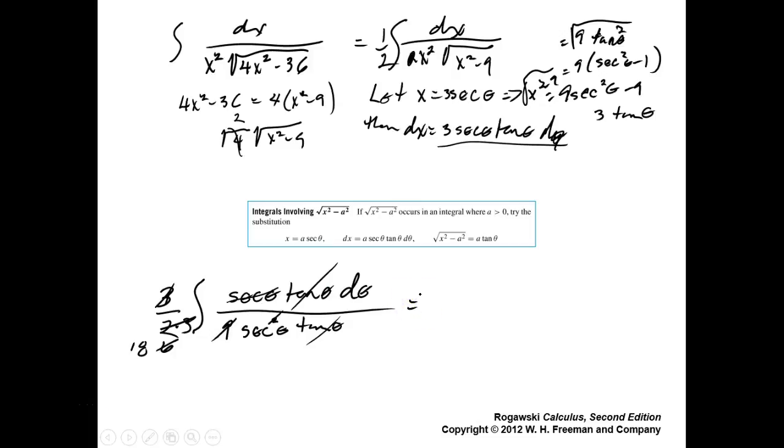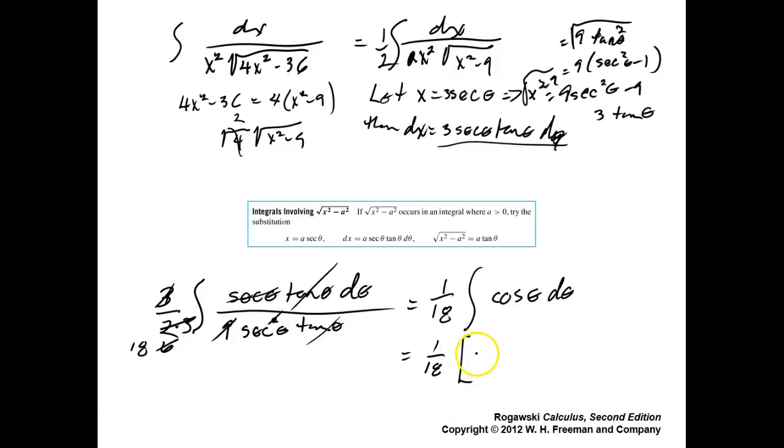So let's write, if I've kept up with everything, that's a 1/18, right? Times the integral of 1/secant theta. What in the world is 1/secant theta? That's cosine theta, cosine theta d theta. I think I can do that. What's the integral of cosine theta?